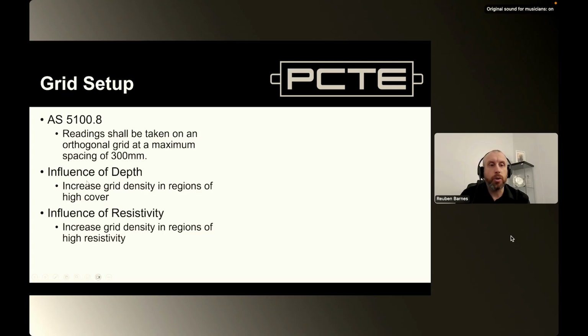Now, if we have a greater depth of reinforcing, we need to make that grid spacing smaller, okay? If we have a high resistivity, again, we need to make that grid smaller, and that's just because if we make the grid smaller, we've got a higher likelihood of finding that region where we're directly over the anode as opposed to off to the side and getting major effects from that potential field not extending into the concrete.